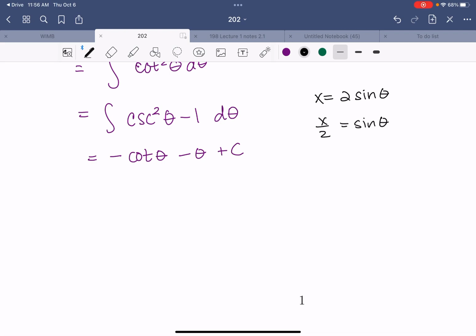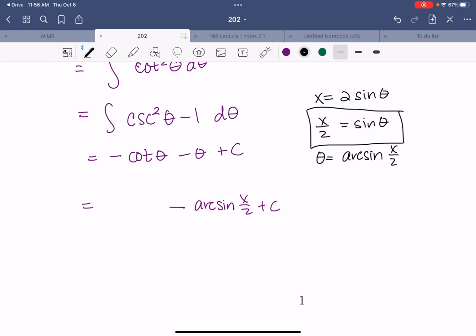I can get theta by taking the arc sine of both sides, so theta is the arc sine of x over 2. So that's fine for theta. But in order to get the cotangent, I'd be taking the cotangent of the arc sine of something, and that gets a little complicated. So what we do instead is we use this information here to draw a triangle.